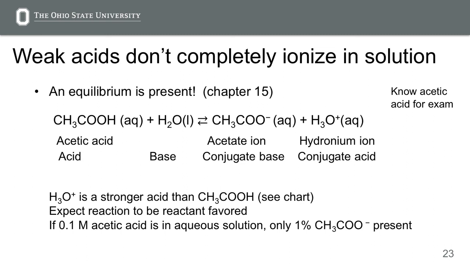And so, for example, for acetic acid, if we put 0.1 moles per liter of acetic acid in solution, we only get 1% of acetate ion formed. So only 1% ionizes at that concentration. So again, acetic acid is not that weak of an acid, but even that doesn't ionize completely to any large extent.